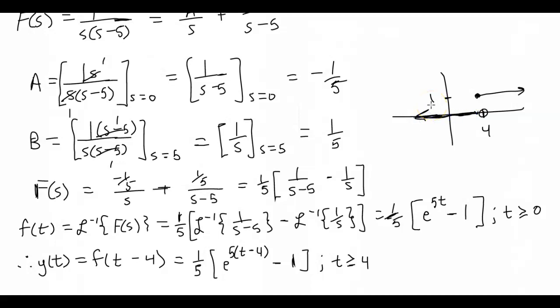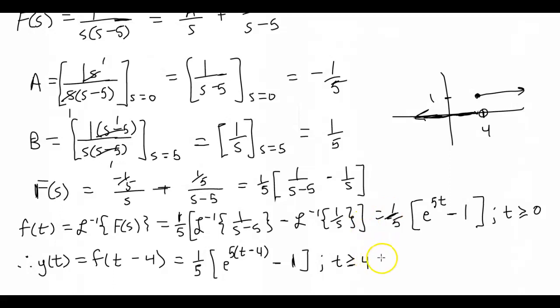Now, if you say that looks familiar, then you're probably right, because it should look familiar. This essentially looks like our unit step function, but shifted 4 units to the right. So another way that we can actually write this, instead of writing 1, is to write this as step of t minus 4.